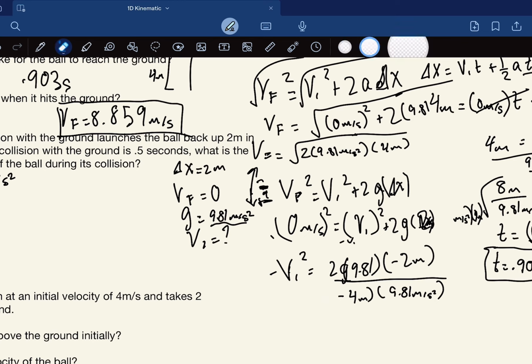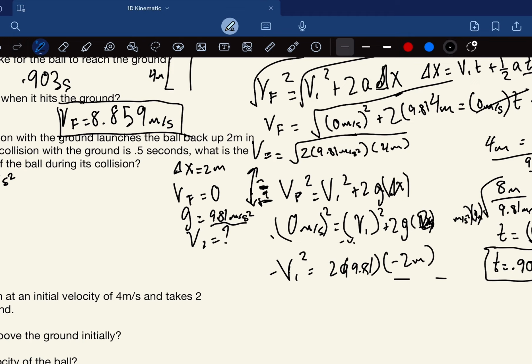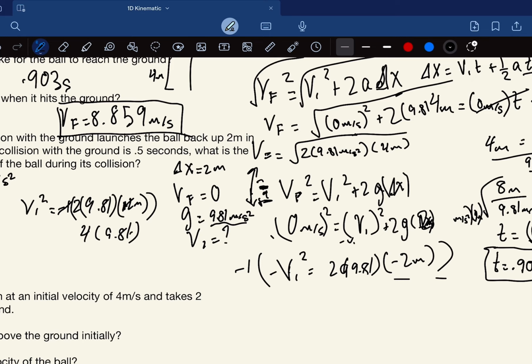I forgot about one small thing. So then we have to get rid of the negative, so we multiply both sides by -1. Then we get VI squared equals 2 times 9.81 times -2 meters times -1. So the -1 and the -2 cancel, and that just becomes 4 times 9.81 meters per second squared.